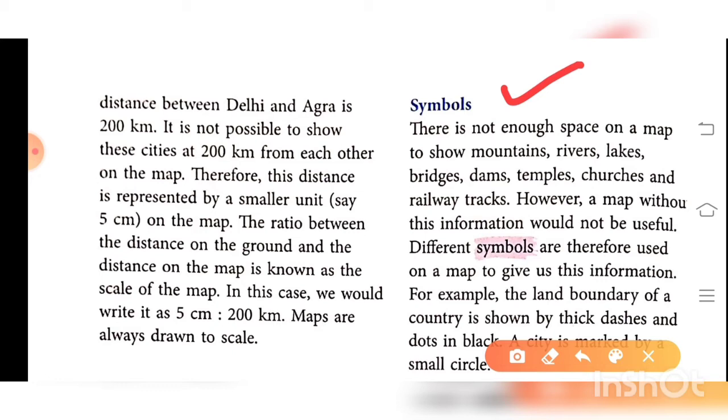Rivers you have seen, lakes you have seen, bridge symbols, dam symbols, temple symbols, railway track symbols you have seen. These symbols represent the different things on the map. Students, without these symbols no map is useful, because all these symbols give different information.